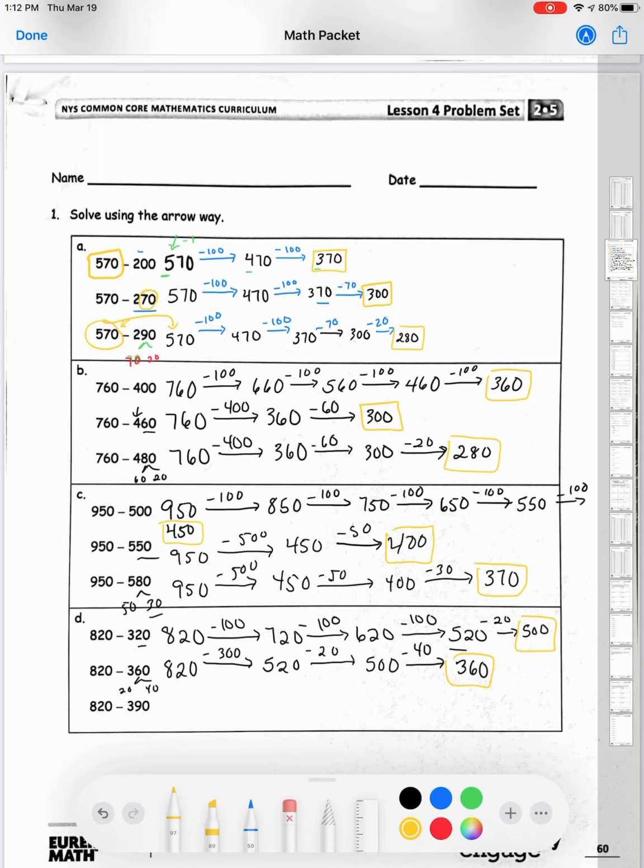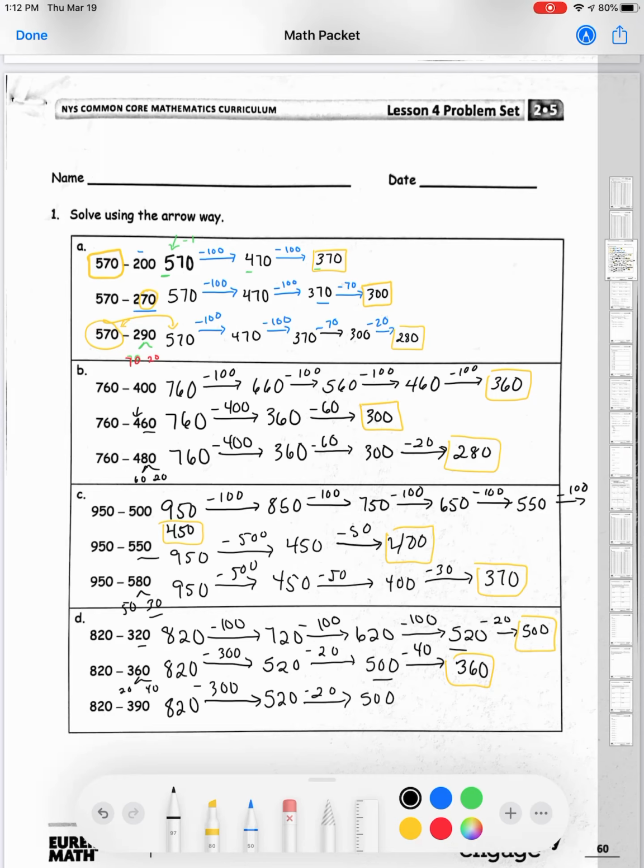Okay. So now if I do the next one, I go 820 minus 300. That puts me at 520. Okay. Then minus 90. Well, let's take away that 20 just because it makes it easier and it gives me this nice benchmark number.